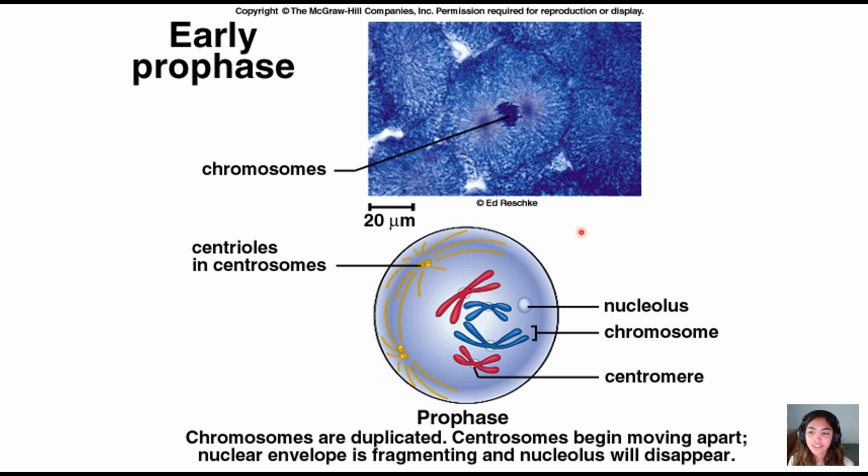Condensation is necessary so that the DNA can easily move around the cell. I think if they're uncoiled pieces, it's kind of like trying to pick up a tiny piece of hair and trying to move it around. I mean, it is possible, but it's a bit more difficult. So if it's more coiled up and more visible, it's easier for those spindle fibers to grab onto and move around. In this case here, we've no longer got a nuclear membrane.